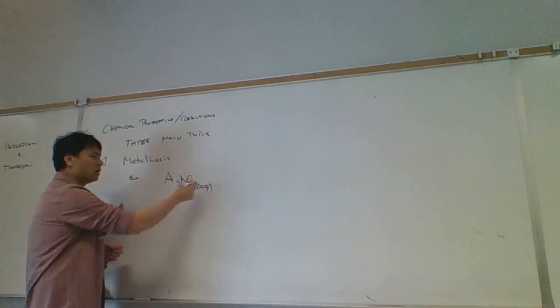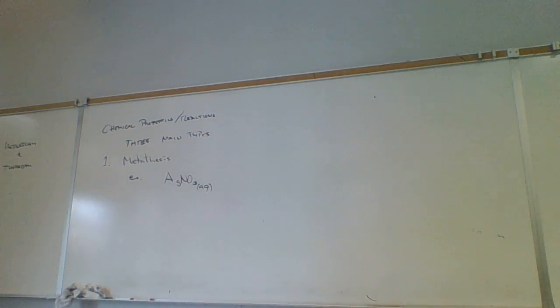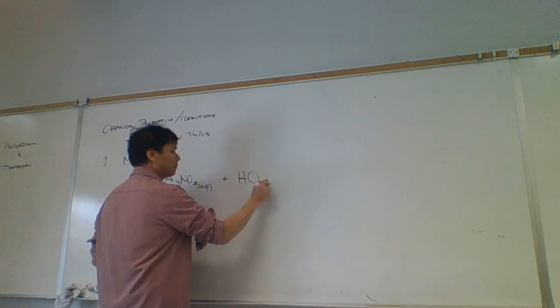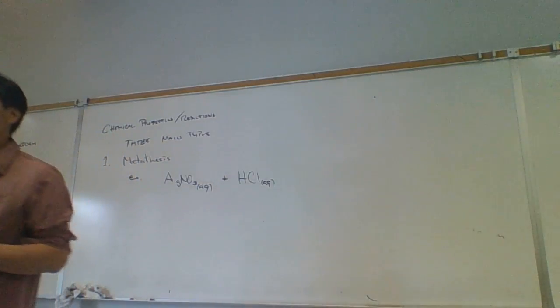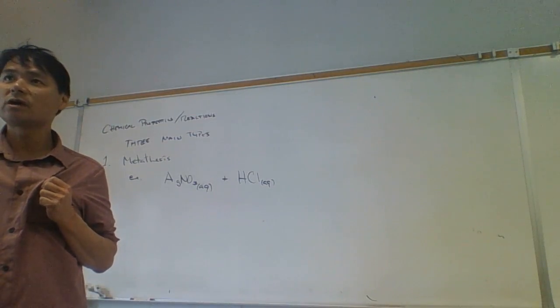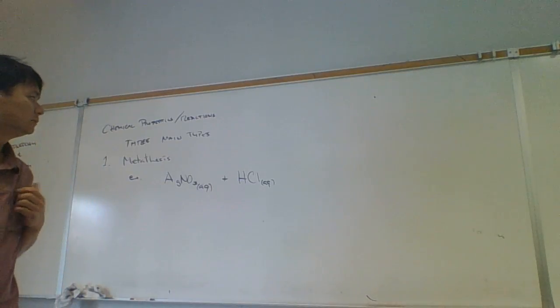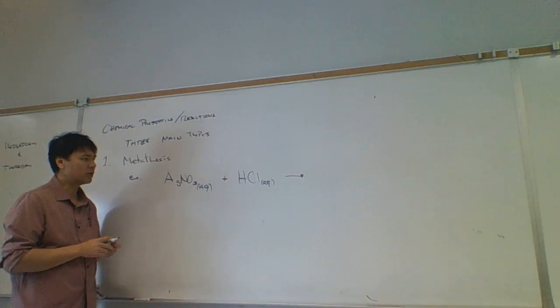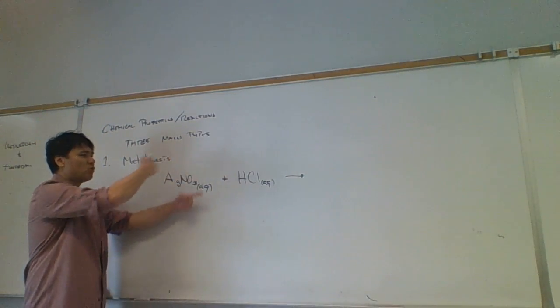Aqueous just means dissolved in water. This stuff does dissolve in water. And then if we mix this with HCl, which is called hydrochloric acid, one of the most common, if not the most common, acids in lab, what happens is that these two chemicals react with each other, and all we do is swap the ions.